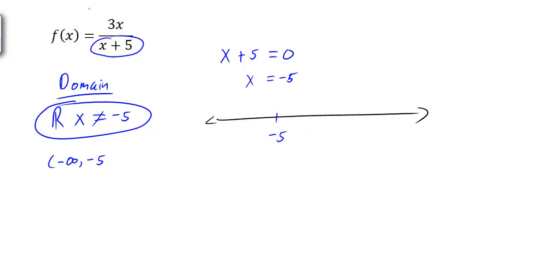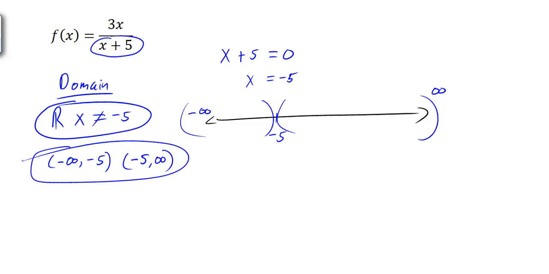So that means we could look at negative infinity, so all the way over here, any number going out to negative infinity, all the way up to negative 5, but we're not going to include it, so that's why we're using parentheses. And then we could go from negative 5 all the way up here to infinity. So the interval notation is negative infinity to negative 5, and then negative 5 to infinity. So that's another way that we could write this to represent the domain.